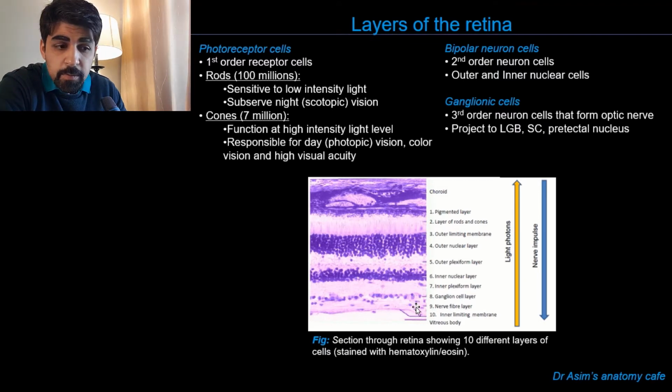The nerve fibers of the ganglionic cells then are going to project out of the retina, forming the nerve fiber layer, and these nerves are then going to project out of the retina, running inside the optic nerve and projecting onto various structures, including the lateral geniculate body, superior colliculus, and the pretectal nucleus. And we'll talk about these structures in detail either as part of the visual pathway or as part of the visual light reflexes in some subsequent lectures.